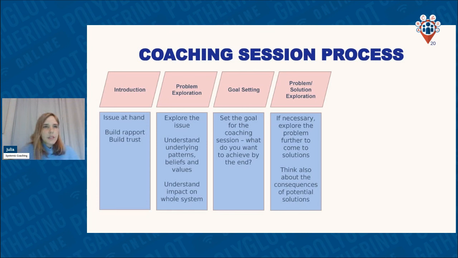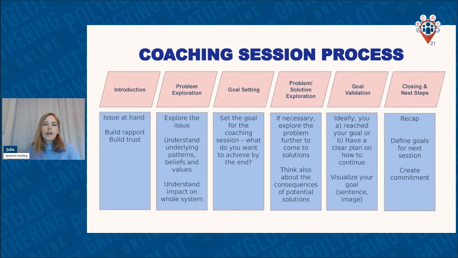Sometimes it's already pretty accurate. Sometimes it's still missing some information, so you would rather go deeper down in order to be able to really reach that goal and identify those roadblocks that are in the way, and also thinking about consequences of the potential solutions on the overall system to make sure that this is the right way, which is then followed by the validation of the goal.